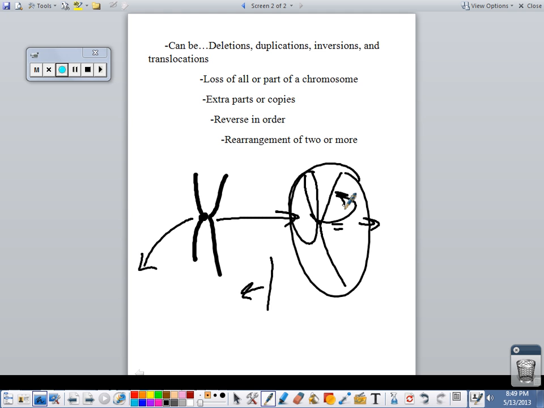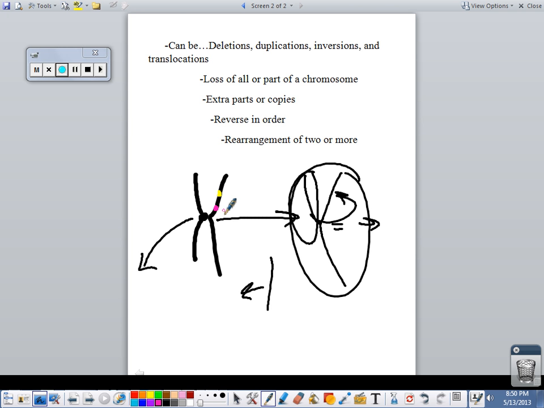The last one, translocation, is where a piece of the DNA gets moved. Let's say we have this section right here, let me get the pen and make it yellow. So here's a section of DNA, and here's another section that's red, on this chromosome, but they get switched.